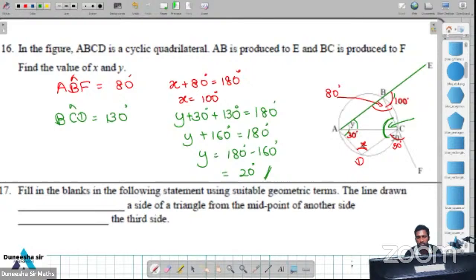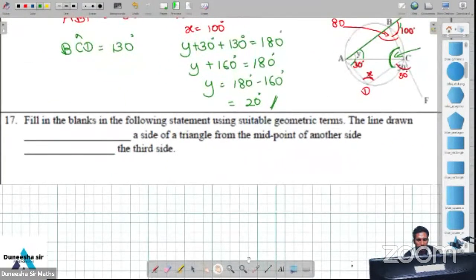Did you get the answer? Can you remember the theorem behind this? The midpoint of one side, then connect to the midpoint of the other side.